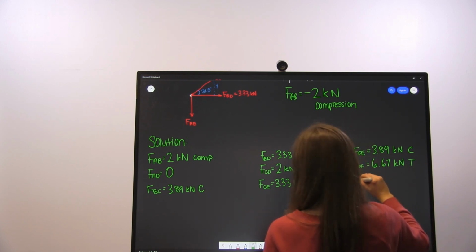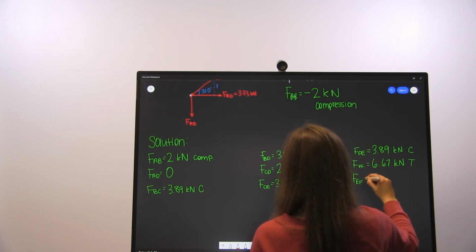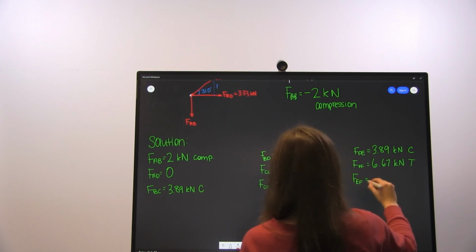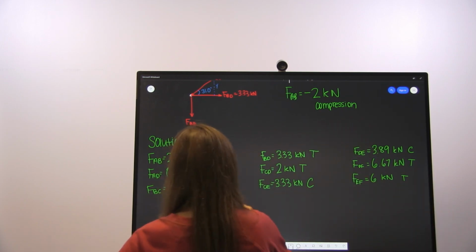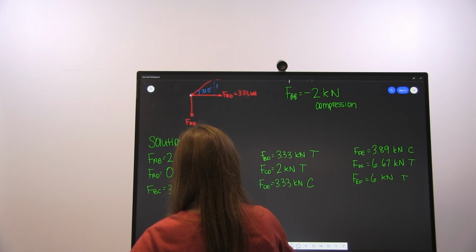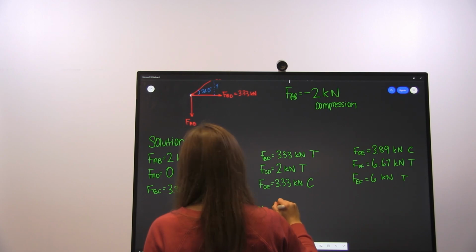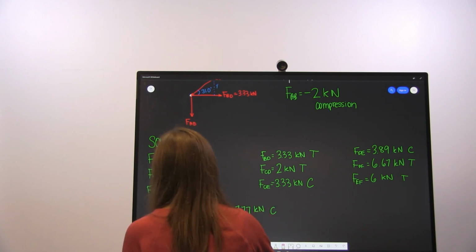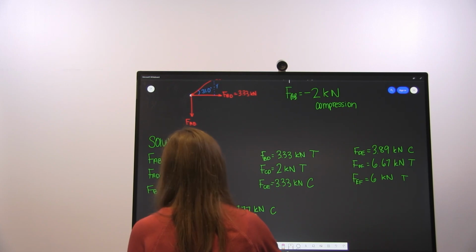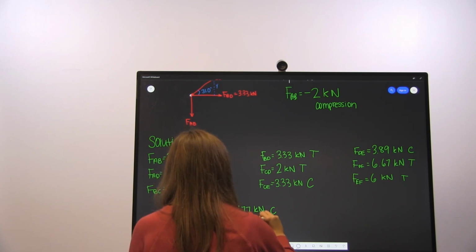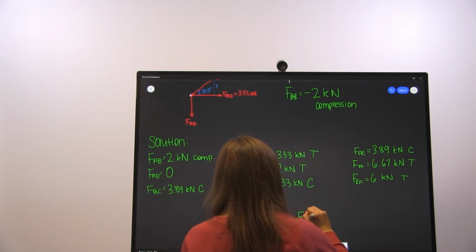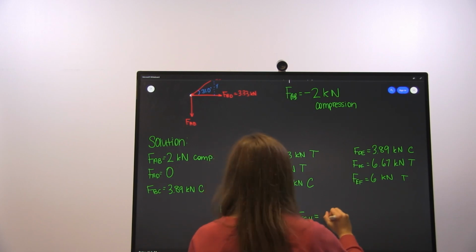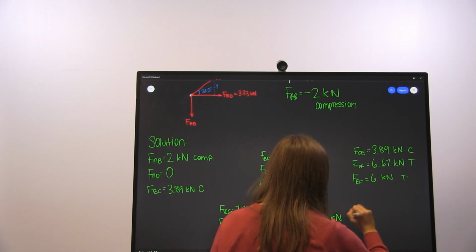And then force EF was equal to 6 kilonewtons tension. And then force EG was equal to 7.77 kilonewtons compression. Force FG is equal to 6.67 kilonewtons tension. And then lastly, force GH was equal to 4 kilonewtons compression.